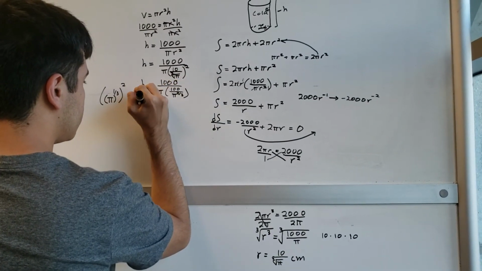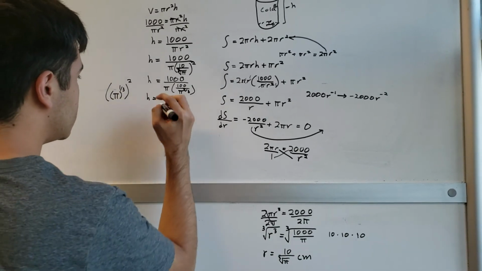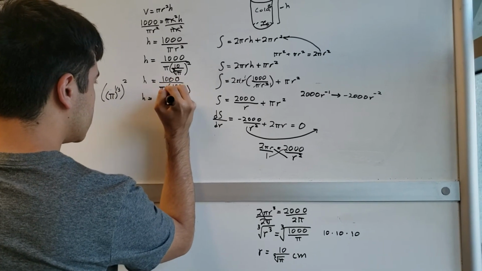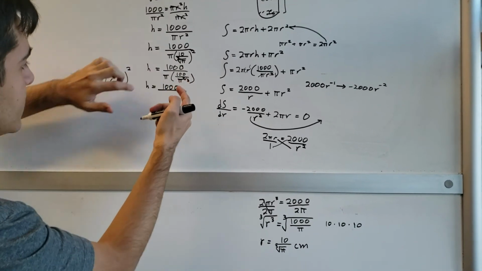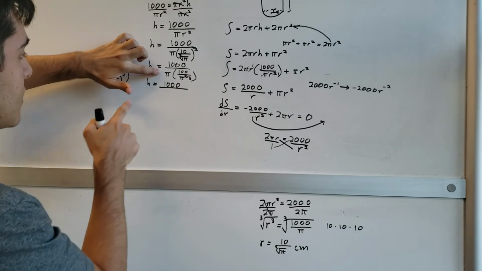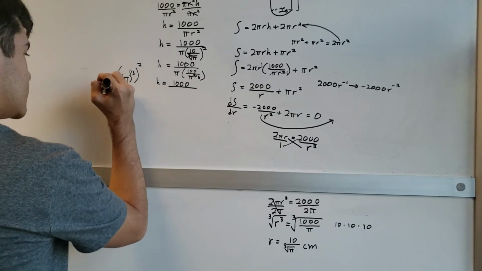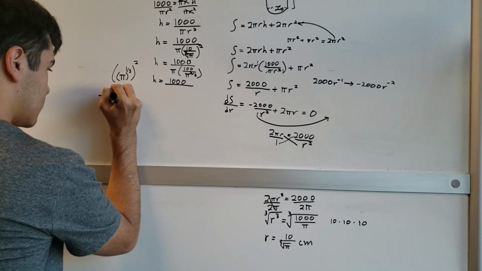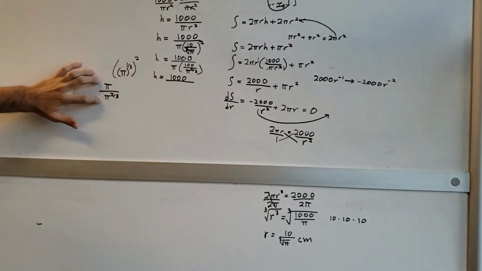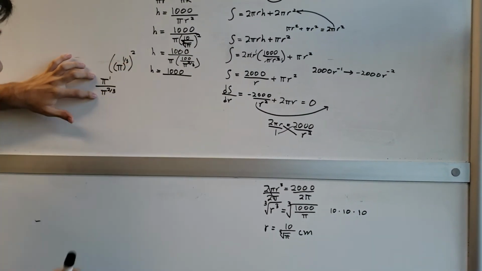So h equals, when you multiply this together, it's just going to be 1,000 over, when you multiply the pi times 100 times pi to the 2/3, what you're ending up with here is pi divided by pi to the 2/3. So how do we find pi divided by pi to the 2/3? When you're dividing this stuff, keep in mind that you subtract the exponents. It's pi to the first power.